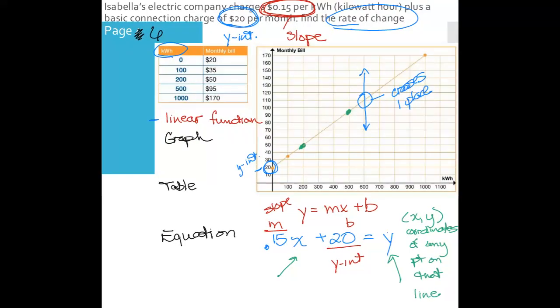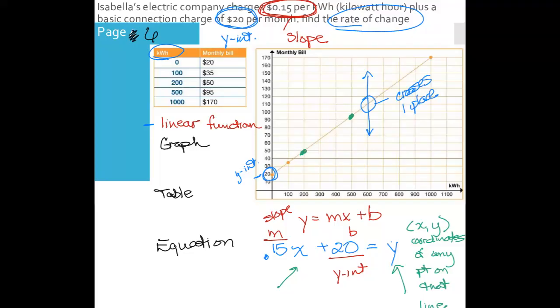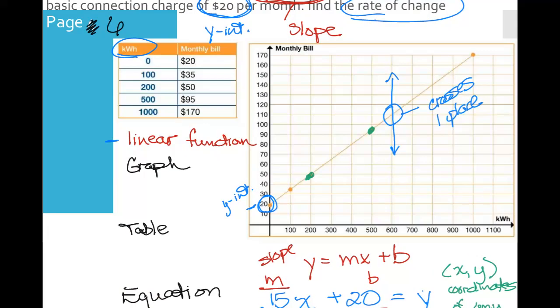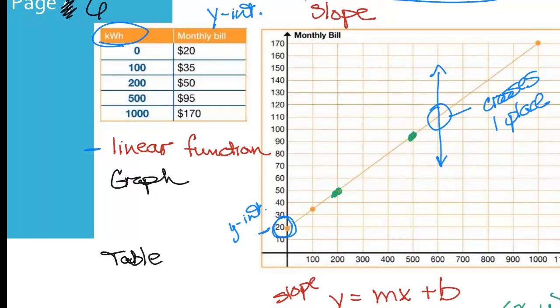Another way that we might find that rate of change is, you are going from $20 to $35, right? How much of a change is that? $15. $15 by taking 35 minus 20, right?